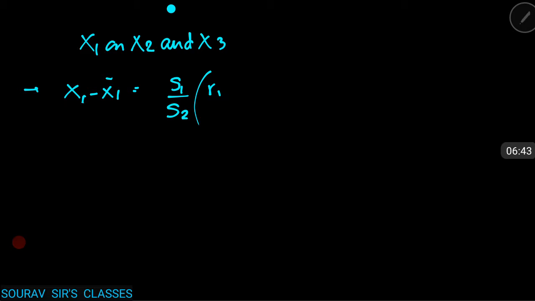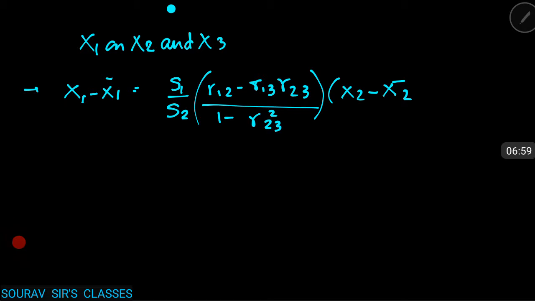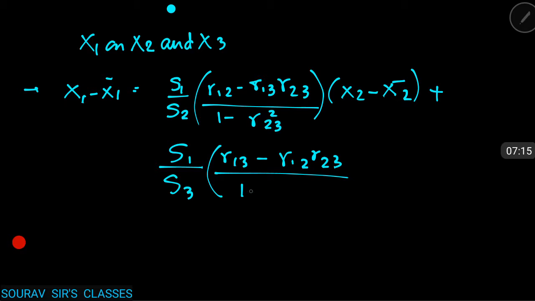Regression equation of x1 on x2 and x3 is x1 minus x1 bar is equal to s1 by s2 into r12 minus r13 into r23 divided by 1 minus r23 square into x2 minus x2 bar plus s1 divided by s3 into r13 minus r12 into r23 divided by 1 minus r23 square into x3 minus x3 bar.